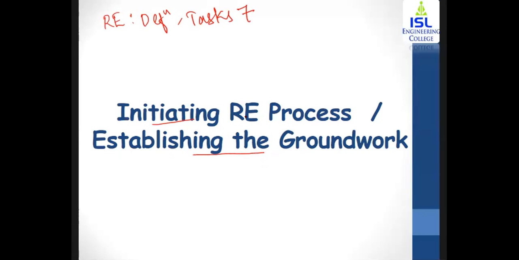Now, within this requirement engineering, that is whenever you're gathering all the requirements, there are going to be multiple stakeholders, or you can say the different customers that are going to be using this particular software.